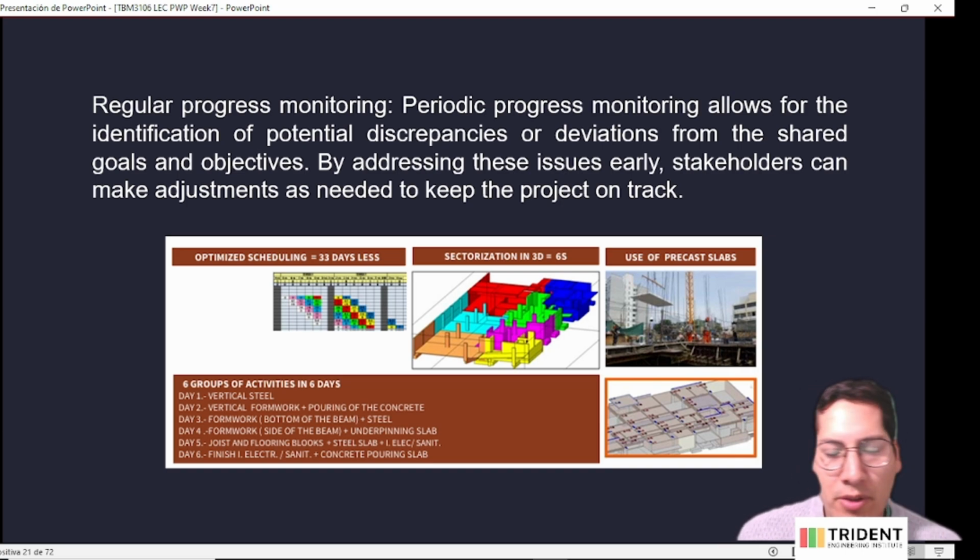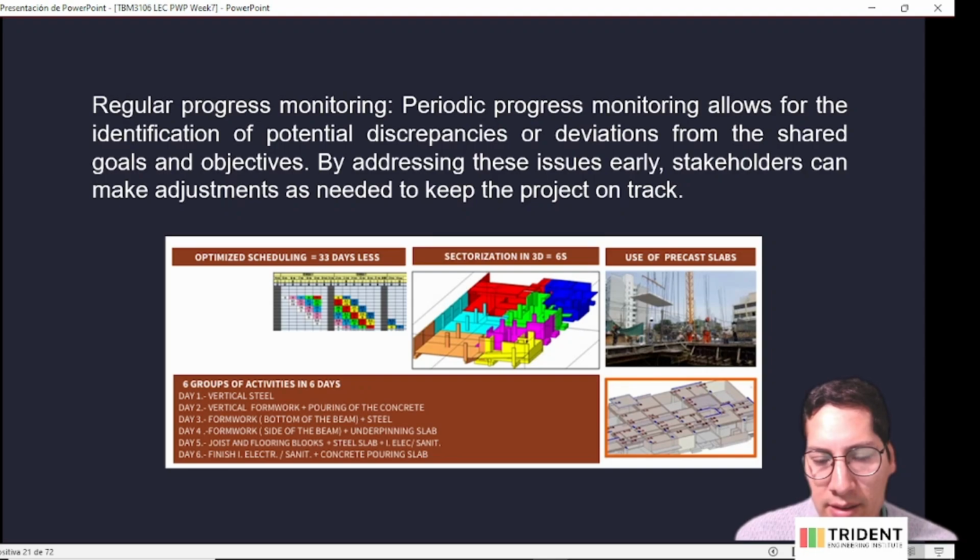This tool sometimes is called the look ahead or the 4-week plan. We need to look ahead, sometimes in 4 weeks or maybe 8 weeks, to analyze what is the progress of the project. By doing that, we can see what will be the areas that we will be working in.